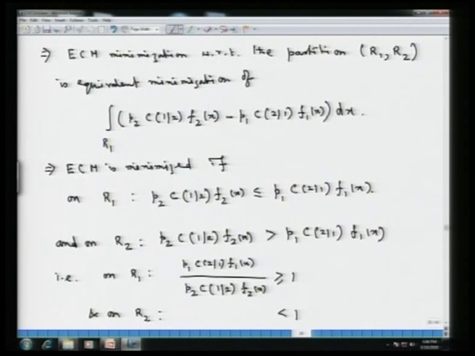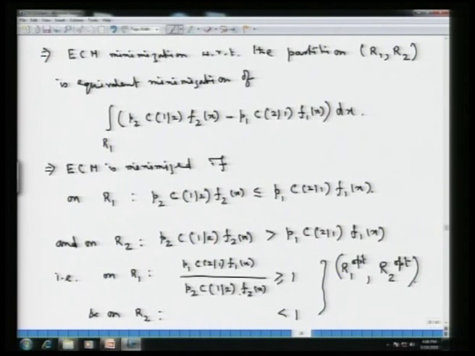Now, if we have this to be the optimum partition, we call that R1 opt, R2 opt. So, this is the optimum partition, R1 opt and R2 opt.